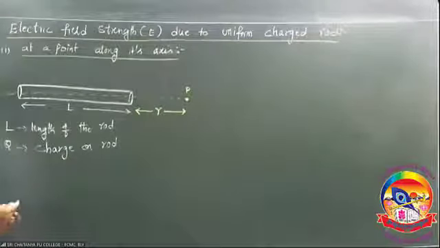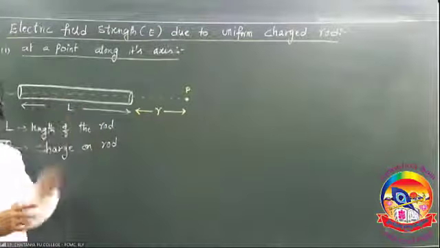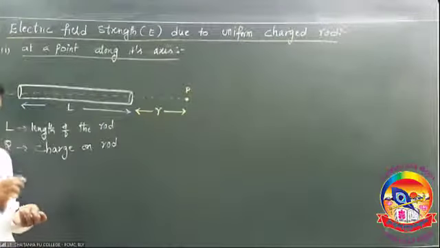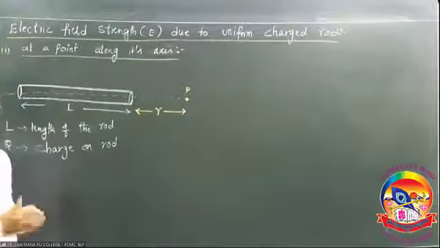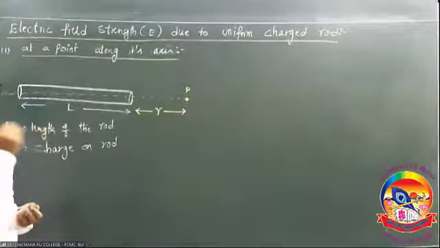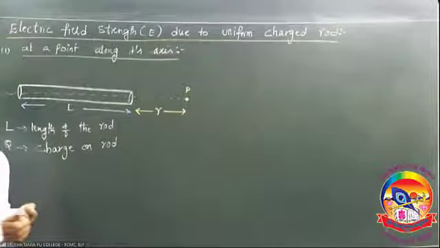For finding the intensity, what to do? Few steps that we have to remember whenever we are solving problems related to extended charged bodies. First thing, divide the charged body into small elements. Very first point, this is just like a mathematical procedure.